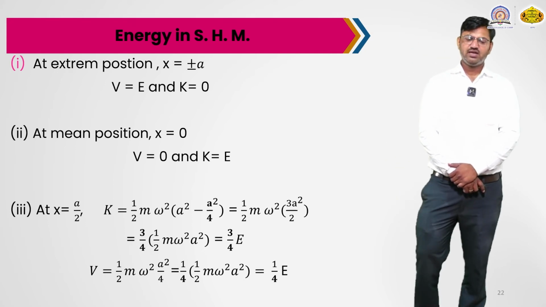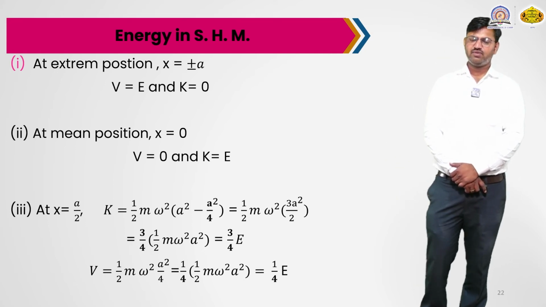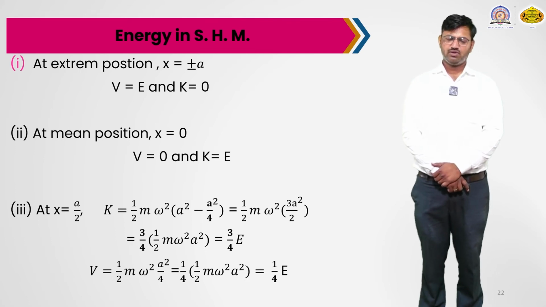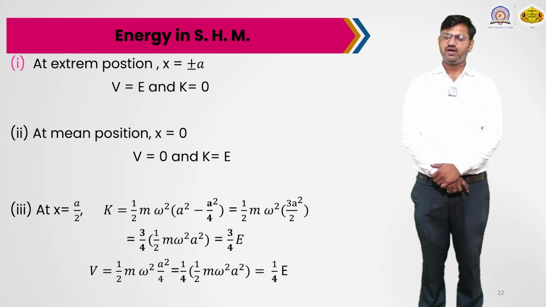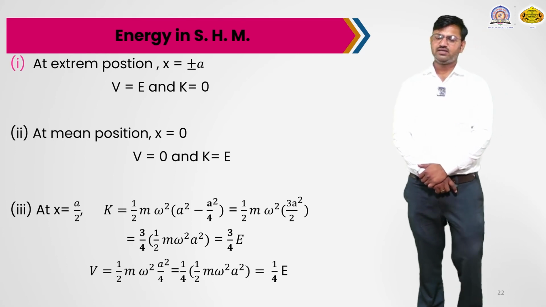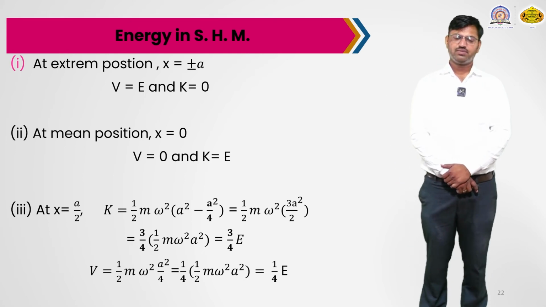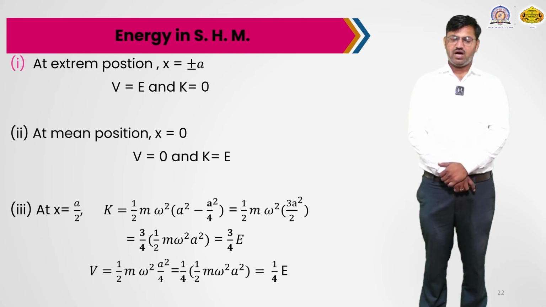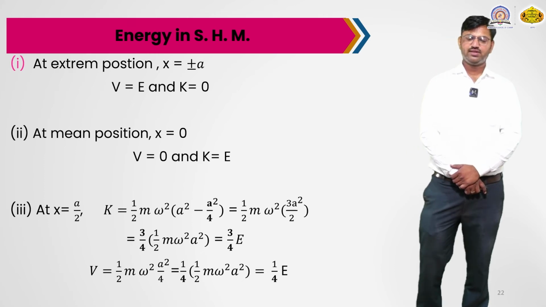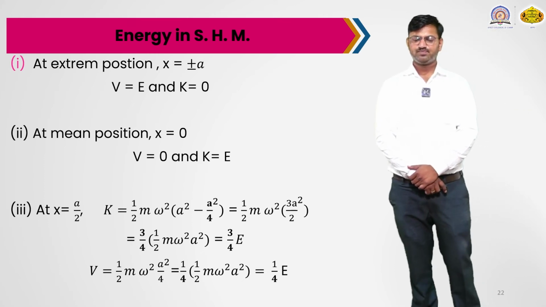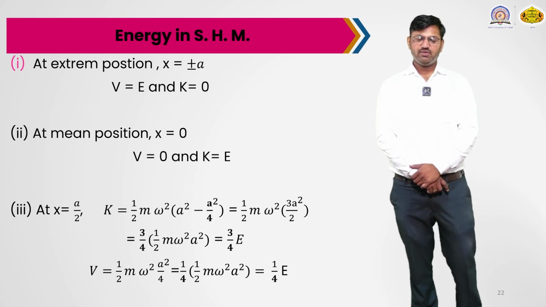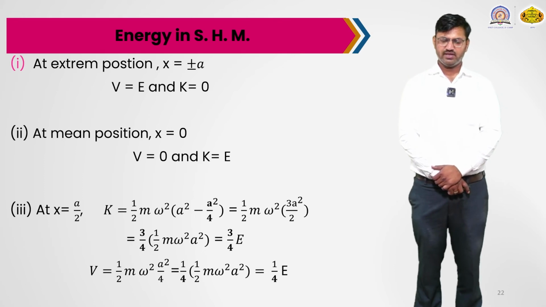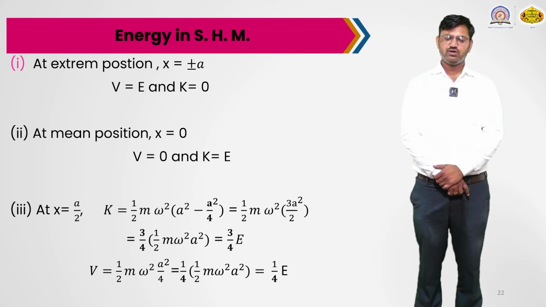Suppose the particle is at x equal to half of the amplitude, means the position of the particle is half of amplitude, x is equal to a by 2. Therefore, K is equal to half m omega square bracket a square minus a square upon 4 bracket close, is equal to half m omega square, solve the bracket, 3a square upon 4. Take 3 upon 4 out of the bracket, 3 upon 4 bracket 1 upon 2 m omega square a square bracket close.